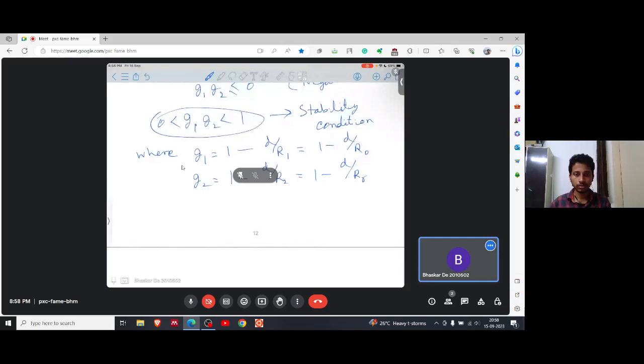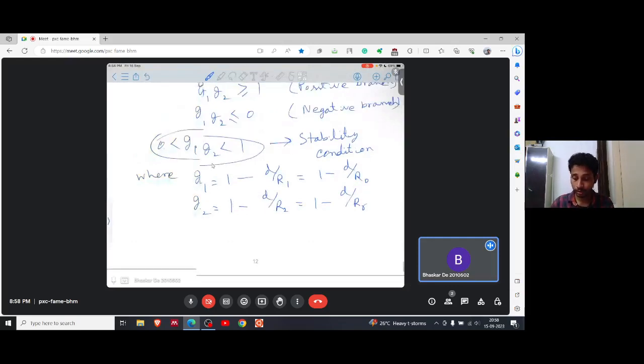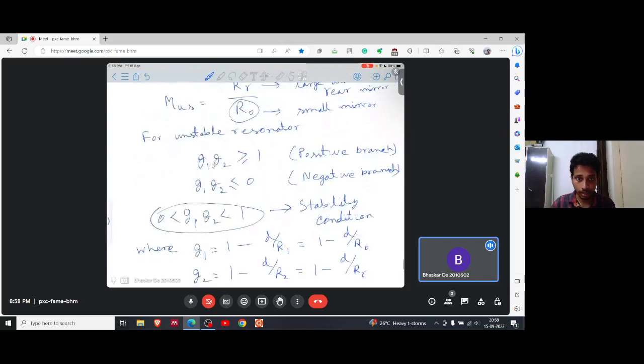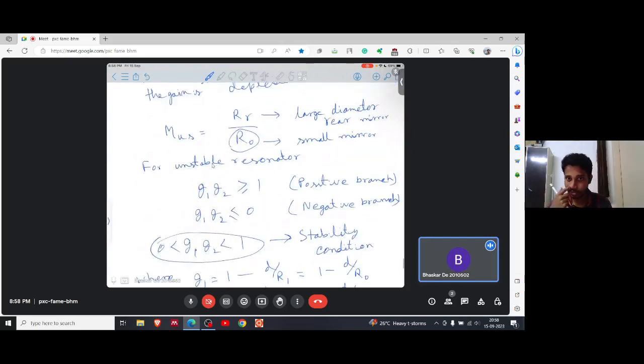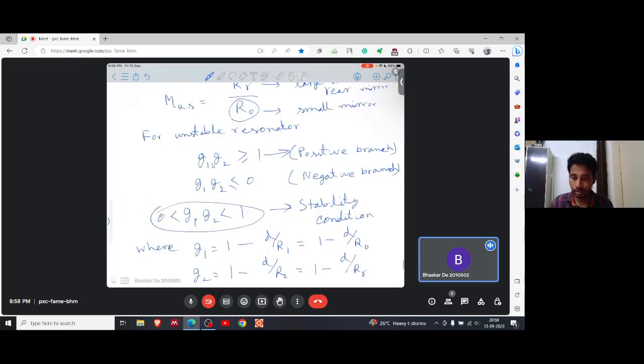I had a problem with the connection, so I will repeat this part. For an unstable resonator the condition is G1 G2 greater than or equal to 1, the positive branch, and G1 G2 less than or equal to 0, the negative branch.